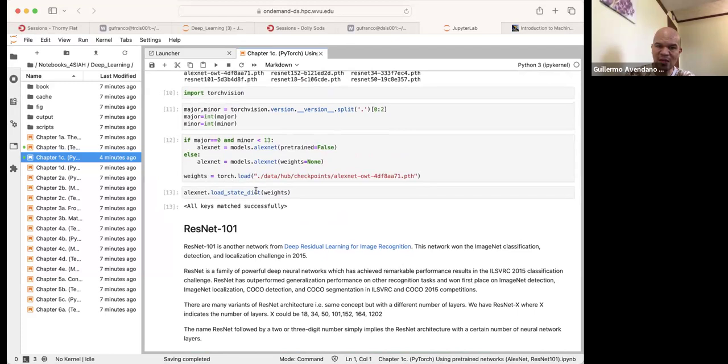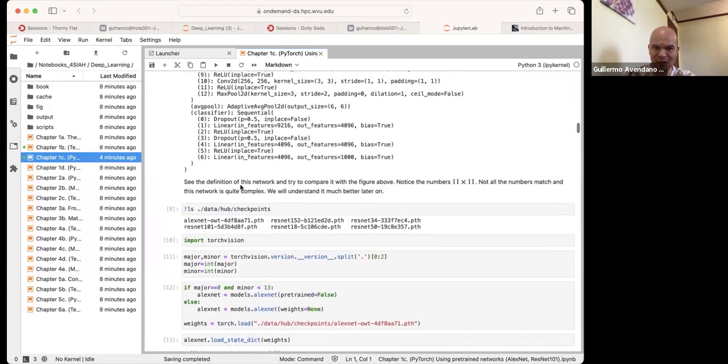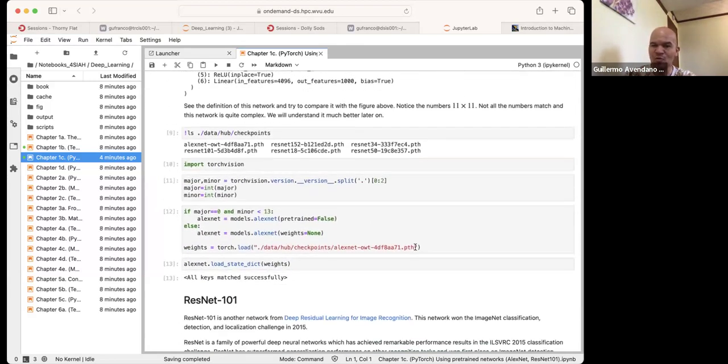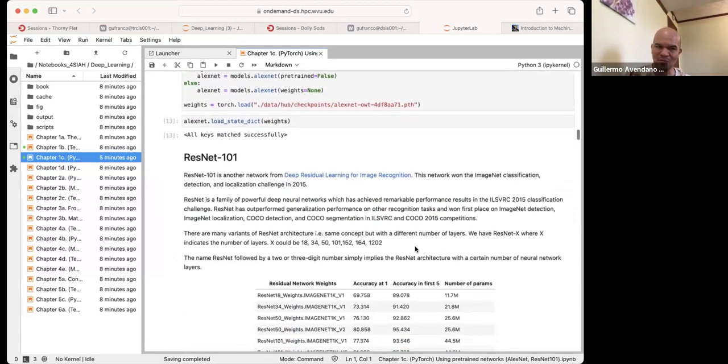So first I select the model, and here I am using biases that are already there, already stored in a file. With them, all the network's biases and weights are pre-populated, and that's what I will be using.